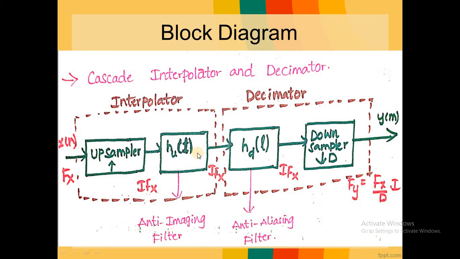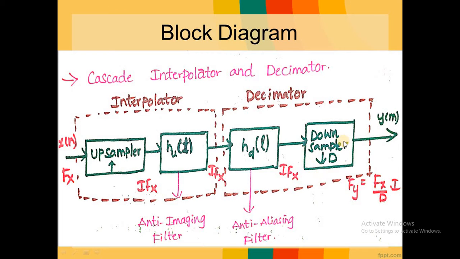In order to reduce the imaging effect, we have to use this filter. This upsampler together with the anti-imaging filter is called an interpolator. This H_D of L is an anti-aliasing filter, followed by the downsampler.